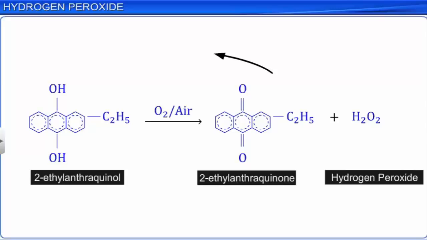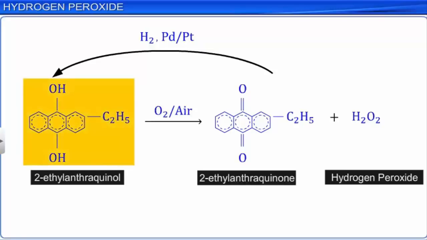For this, hydrogen under a pressure of 1 to 3 atmospheres at 4 degrees centigrade is passed over 2-ethyl-anthraquinone. This gives back 2-ethyl-anthraquinol, the reactant. This reaction gives a dilute solution of hydrogen peroxide. It is then extracted with water and the solution of the required concentration is prepared.